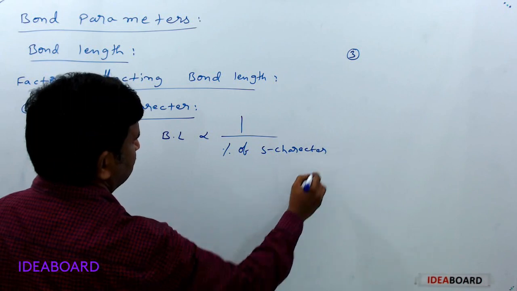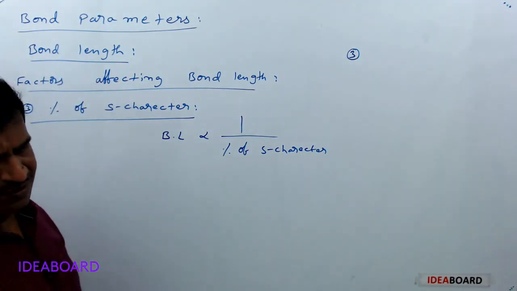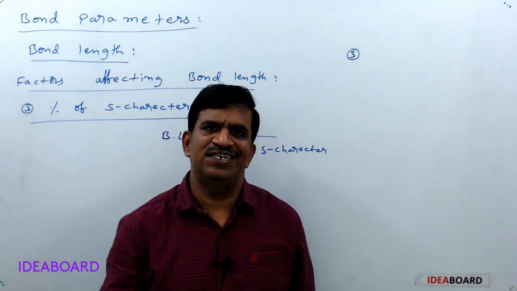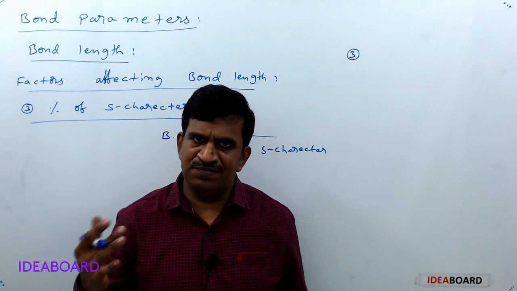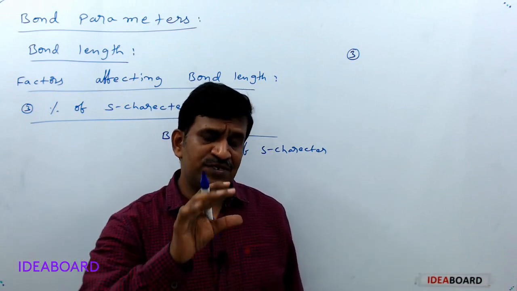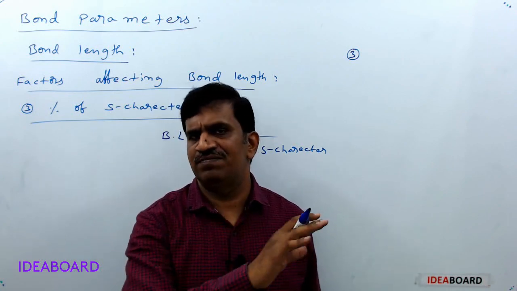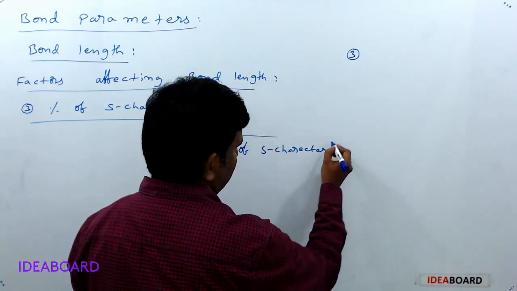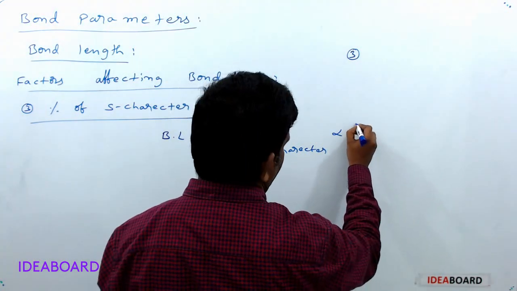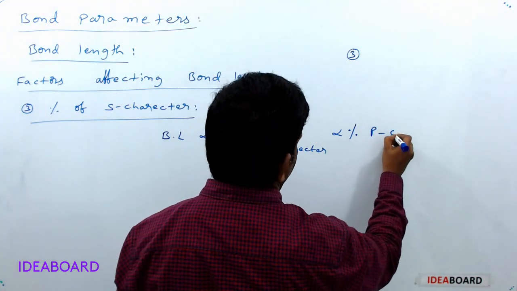Here s character refers to hybrid orbitals: an sp hybrid orbital has 50% s and 50% p character. For sp2, it means 33.3% s character and the remaining 66.67% p character. The percentage of s character is inversely related to the percentage of p character.